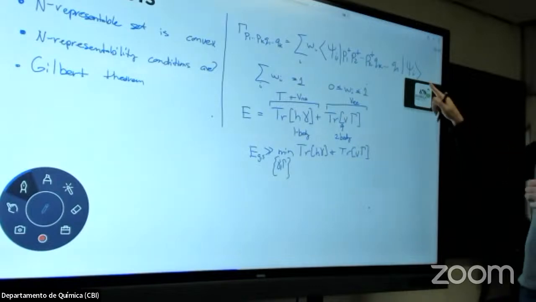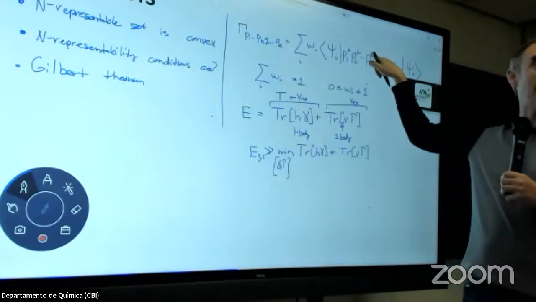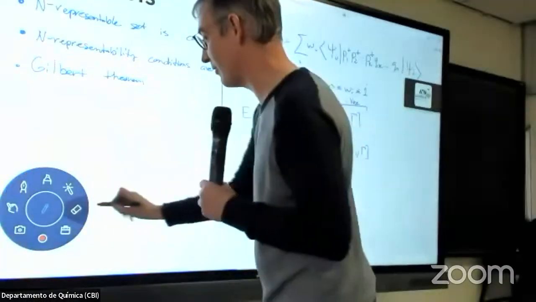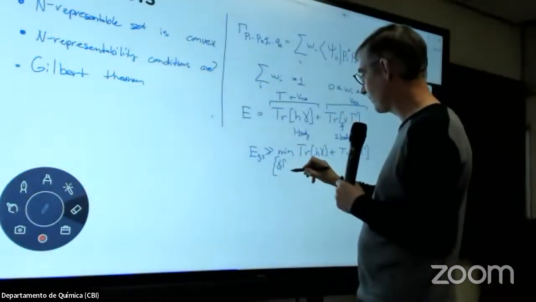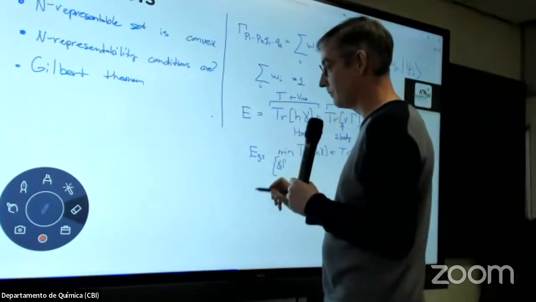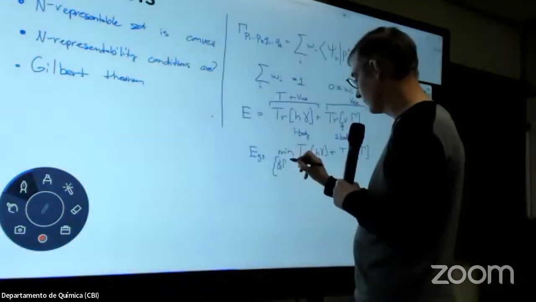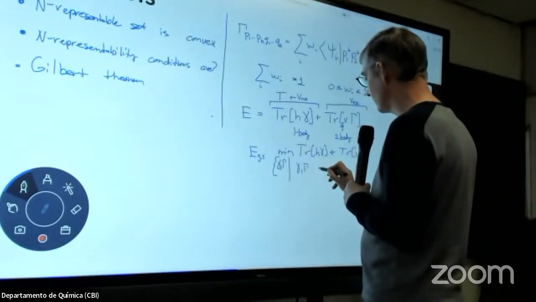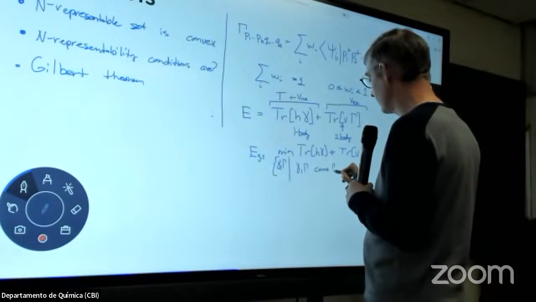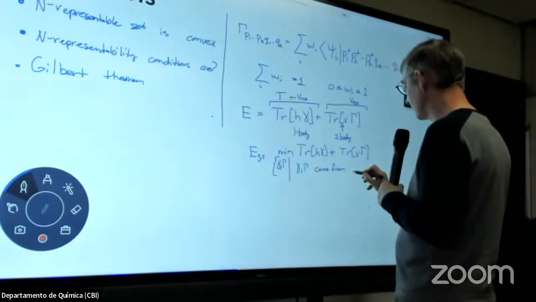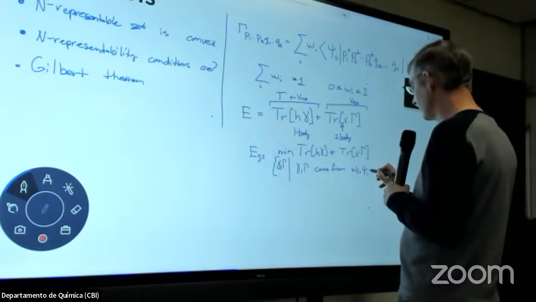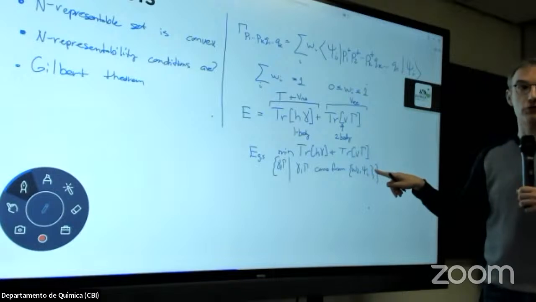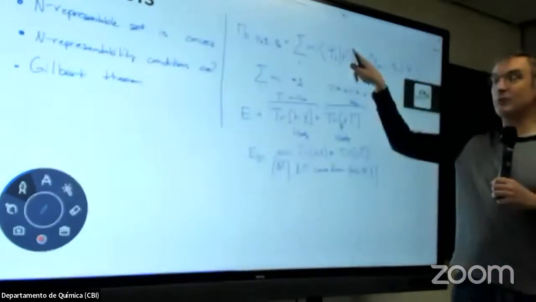And the reason is that we forgot that these density matrices have to come from a wave function, right? So then we go back and we say, okay, let's assume that the density matrices come from some choice of W's in size, right?